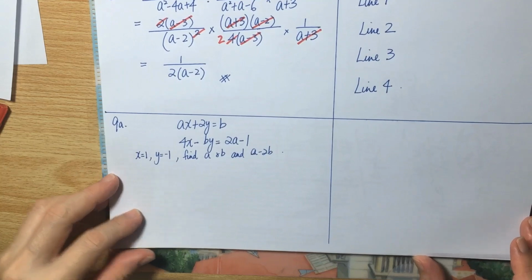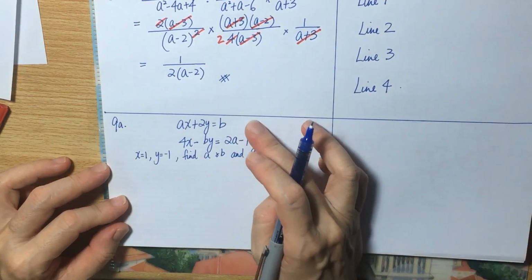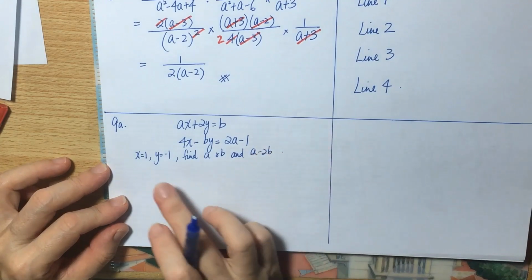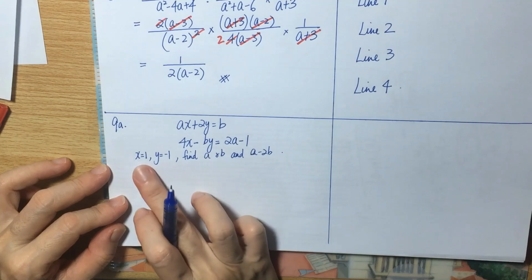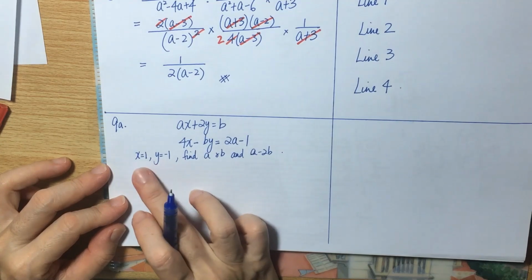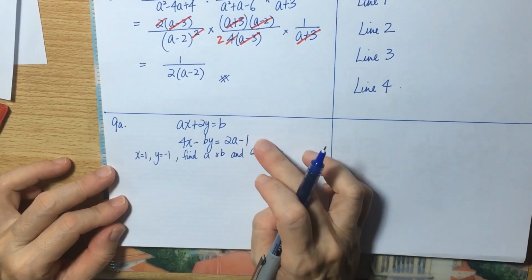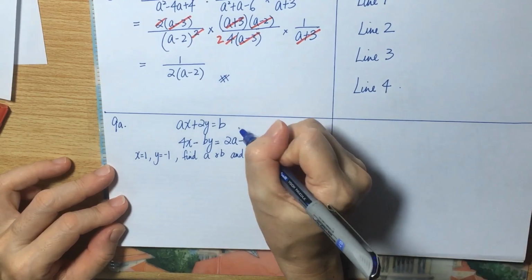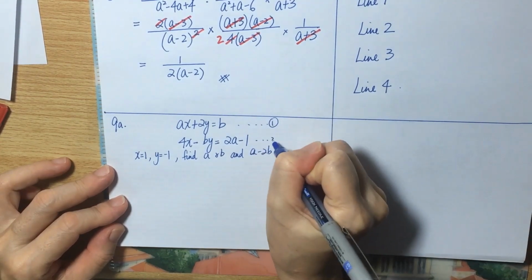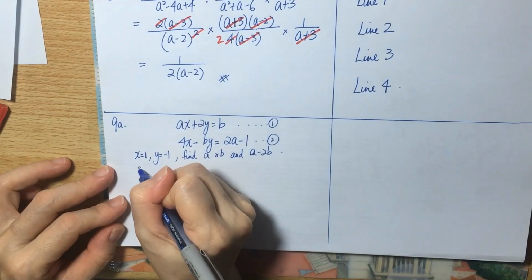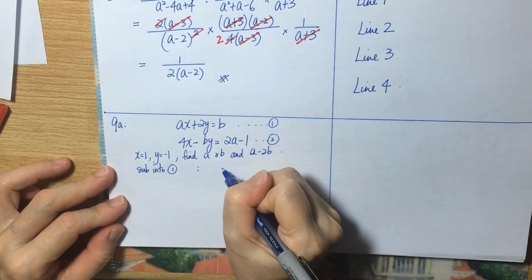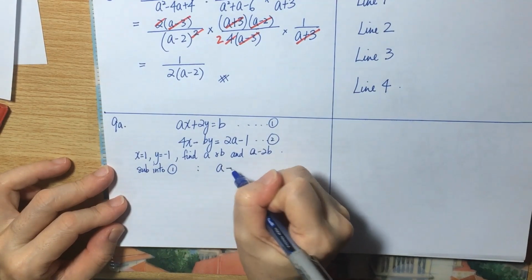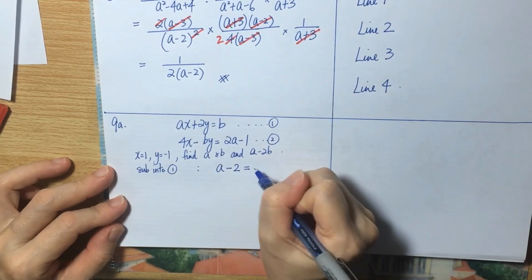Question 9. You have a pair of simultaneous linear equations and you are given that x equals 1 and y equals -1 are the solution. So when x and y have these two values, we know that when we substitute these two values into the equation, it should satisfy the equation. So we substitute into equation 1, we are getting a minus 2 equals b.